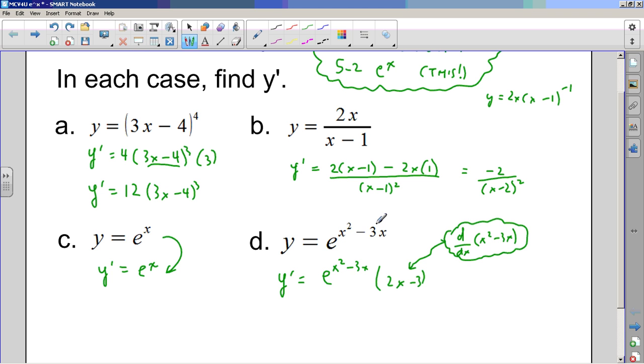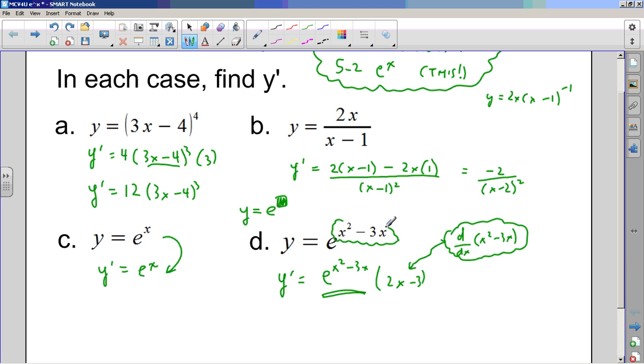So here's an example. What's the derivative of e to the exponent something? Well, the derivative of e to the exponent something is just that e to the exponent something. The derivative of the exponential function is the function itself, but I also have to take the derivative of the inside thing.